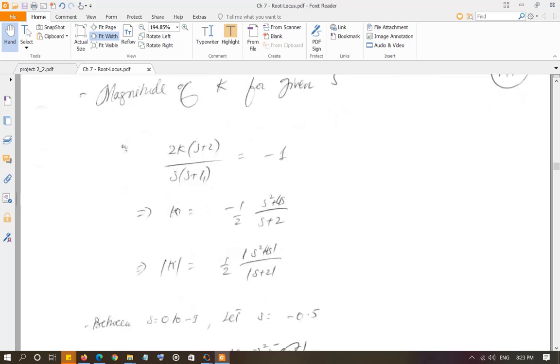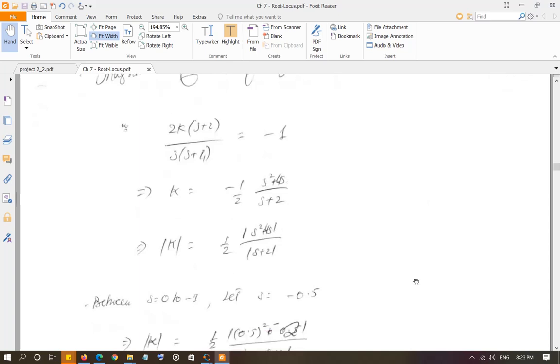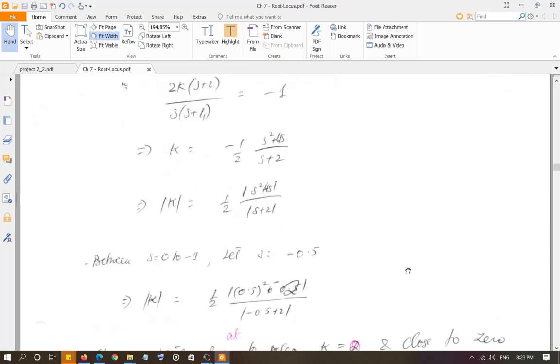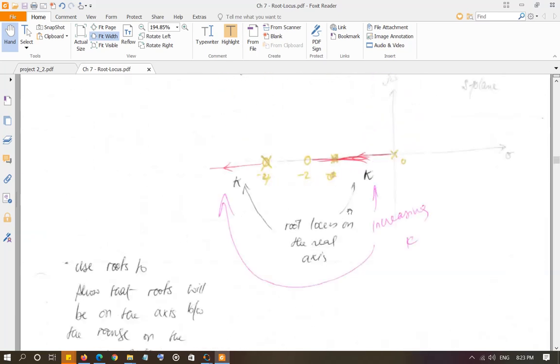Now remember, the magnitude of K is equal to the magnitude of this, where S is a complex number. So it is 1 over 2, and the magnitude of the numerator divided by the magnitude of the denominator. Let's assume any point on the root locus you take. Let's say S is equal to negative 0.5, somewhere over here.